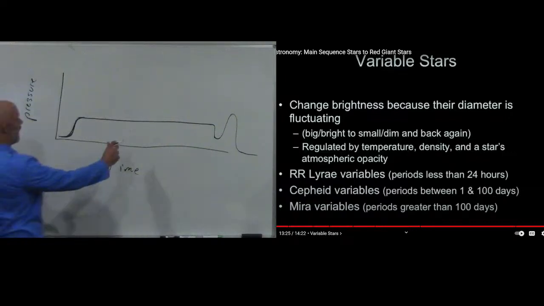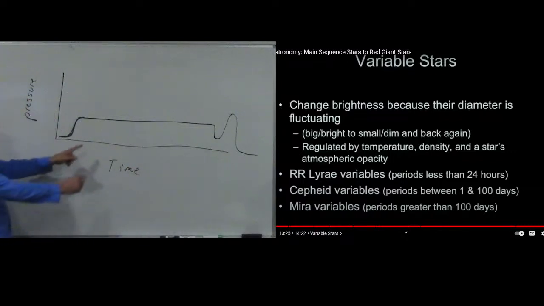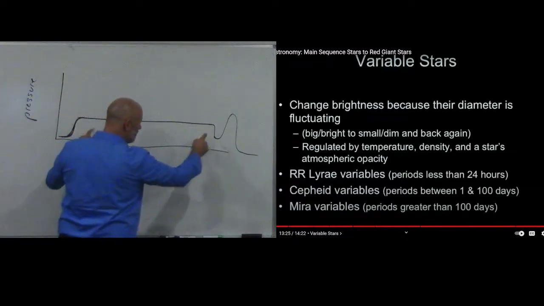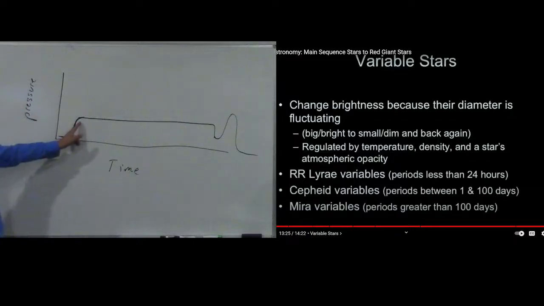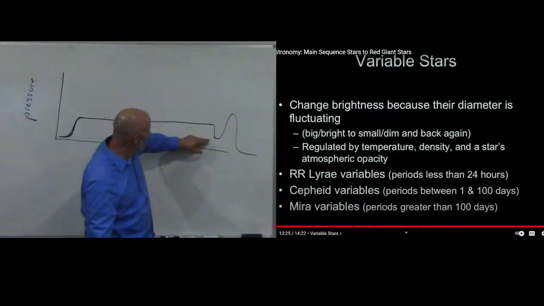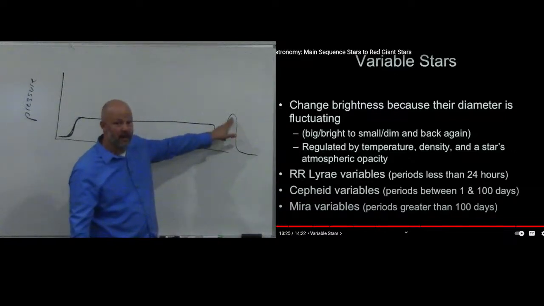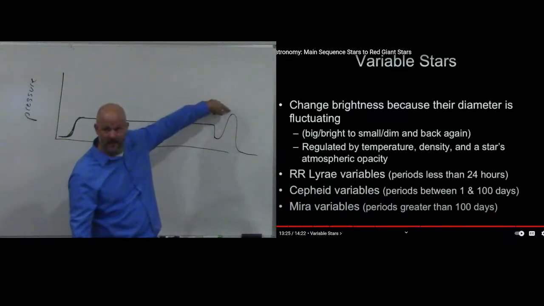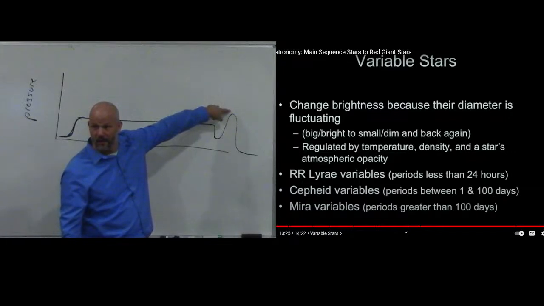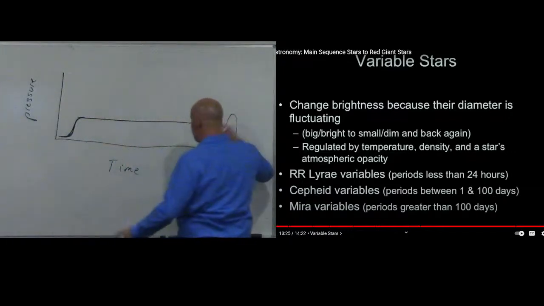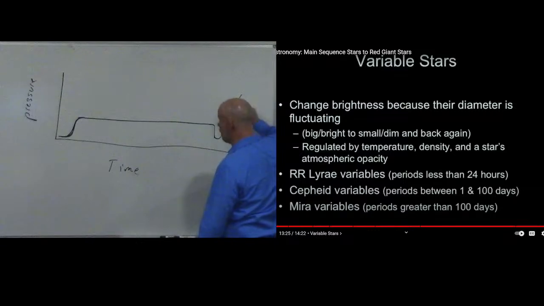Okay, so this is a graph of pressure over time. 90% of its life is going to be steady. We're going to build pressure quickly as we get into fusion. We run out, we're going to dip, then we're quickly going to rise back up. What stage is this? Red giant. Here's the kind of stuff you have to be able to interpret.